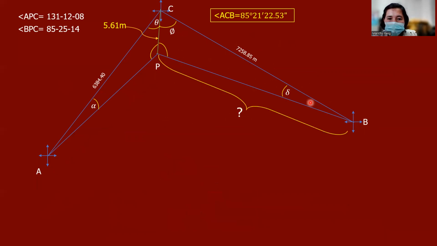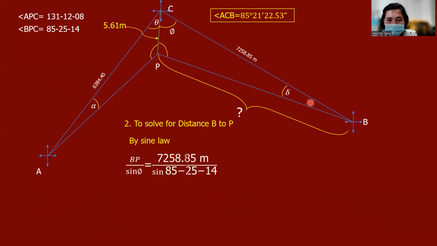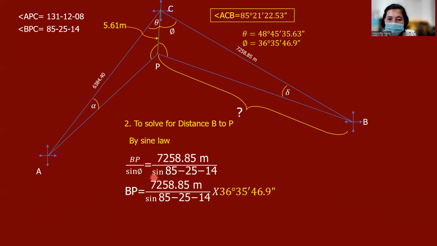So to solve our PB, sine law, PB over sine phi. So you substitute the value of phi, di ba? Phi, na compute natin sa number 1, which is 36, 35, 46.9. We substitute this one, then cross multiply, we got PB. So PB now is equivalent to 6254.346 meters.